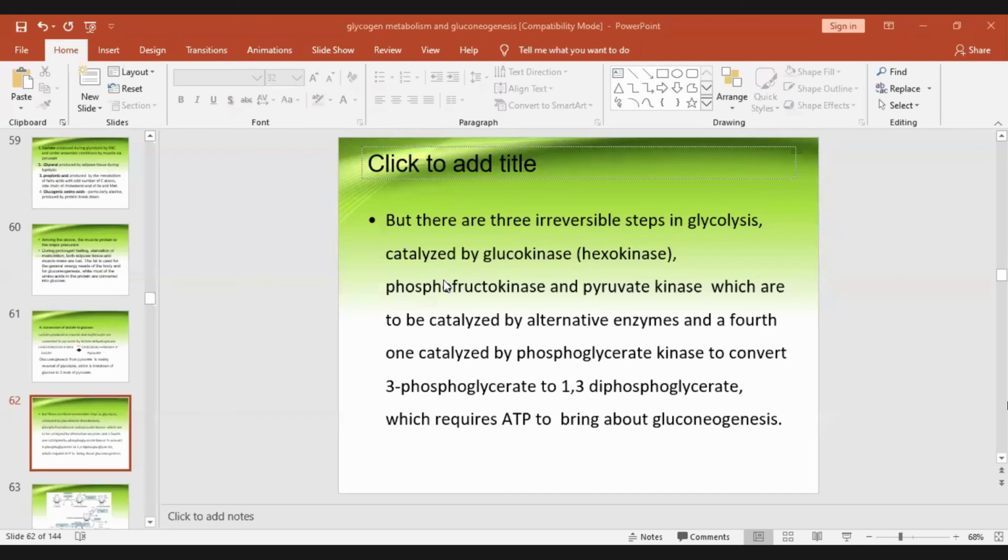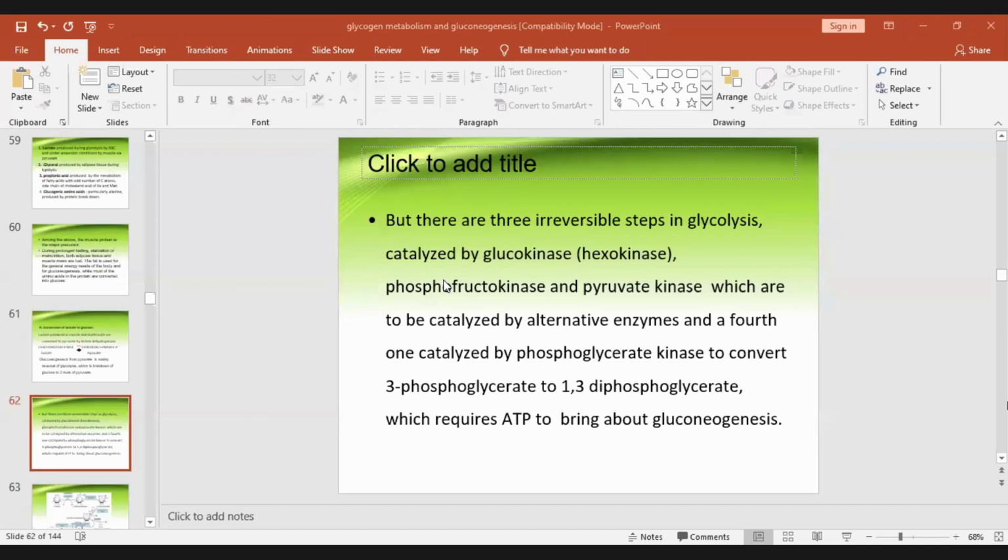Under conditions of glucose shortage, phosphofructokinase 2 kinase activity is low, whereby there is a decrease in the concentration of fructose 2,6-bisphosphate and an increase in the activity of fructose 2,6-bisphosphatase. See this? So when there is adequate glucose, the kinase activity of phosphofructokinase 2 is active, and that's why fructose 6-phosphate is converted to fructose 2,6-bisphosphate.